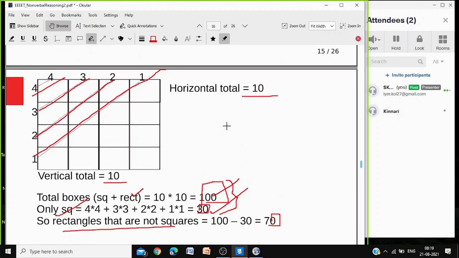I gave you this as a revision: when you want the total number of boxes, horizontal total, vertical total, first add and then multiply. And when you want only squares, first multiply and then add. It is the opposite. Here first add and then multiply, here first multiply then add, subtract, and you will get only the rectangles which are not squares.